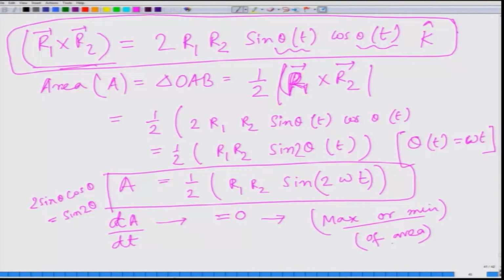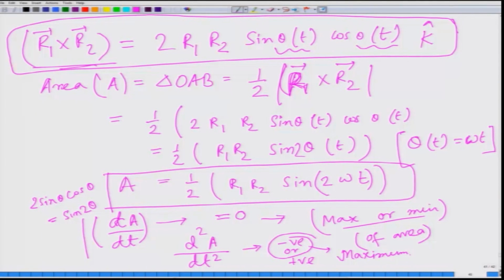So to get the maximum, we need to take the double derivative of this area with respect to time and have to check whether this value is negative or positive. If it is negative, then it is a maximum.